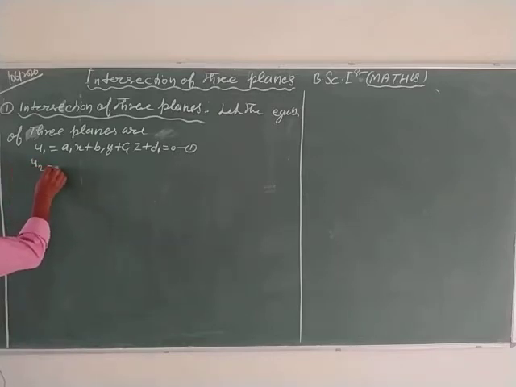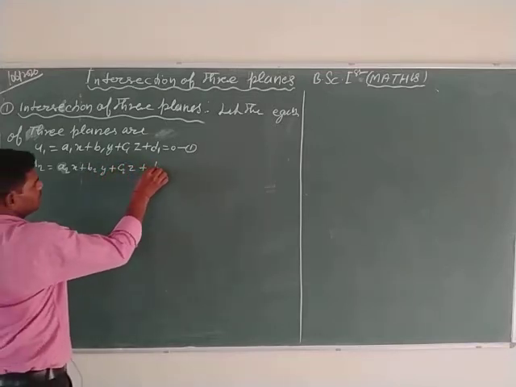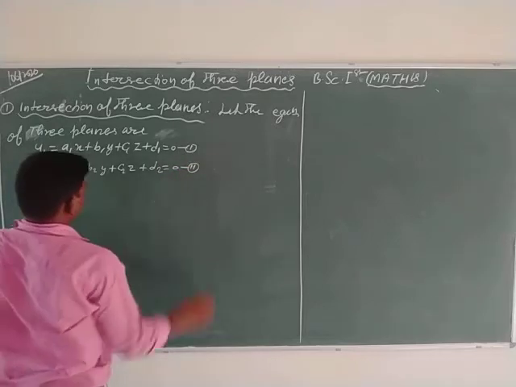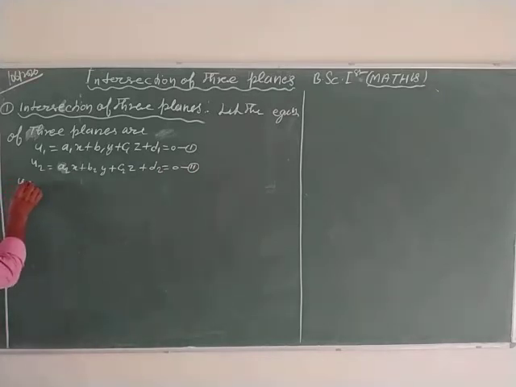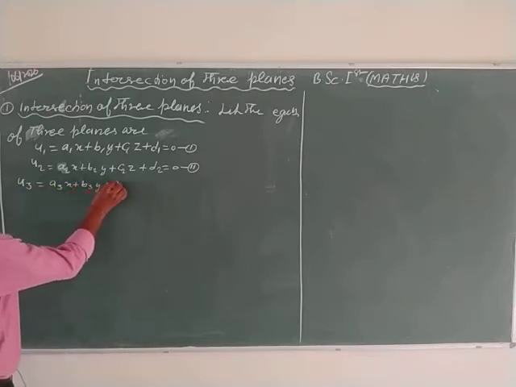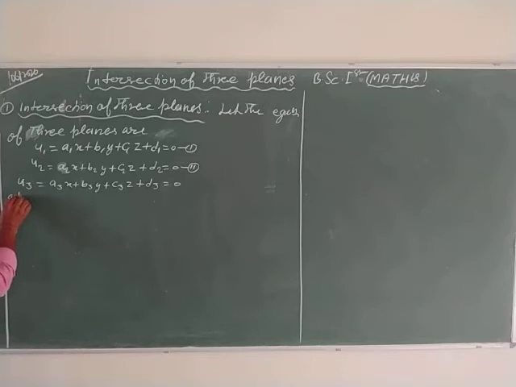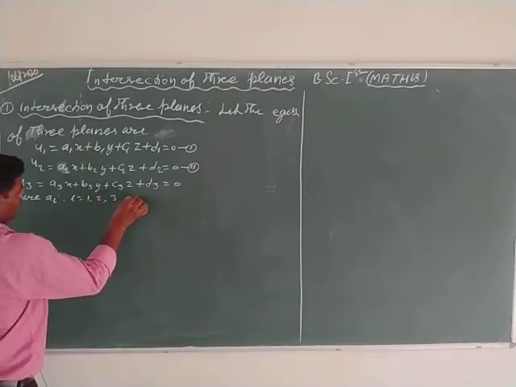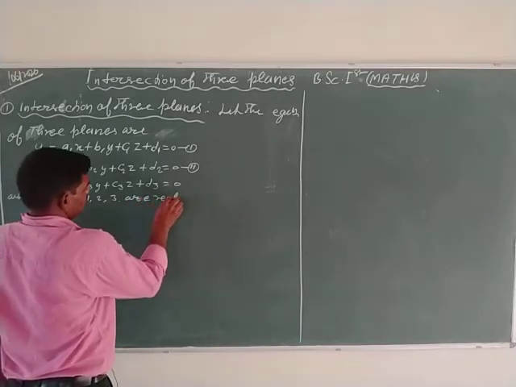Suppose u2 is equal to a2x plus b2y plus c2z plus d2 equal to 0 is the second plane, and the third plane is denoted by u3, written the same way: a3x plus b3y plus c3z plus d3 is equal to 0, where ai for i equal to 1, 2, 3 are real constants.